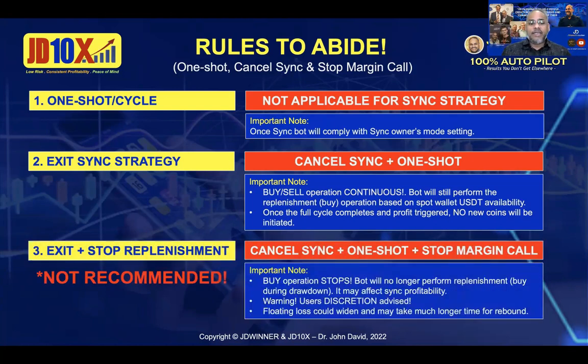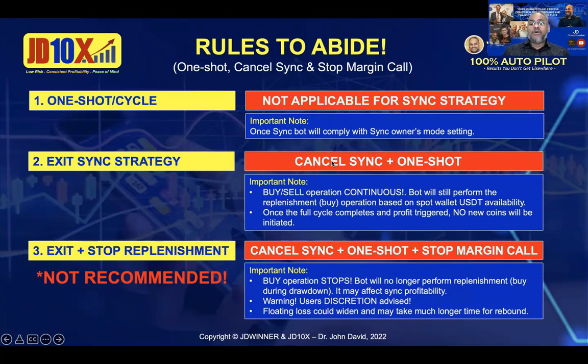The third is that you want to exit and also stop the replenishment. If you want to exit and stop the replenishment, then you need to cancel sync, put all the coins to one shot, and also activate stop margin call. Can you understand me?